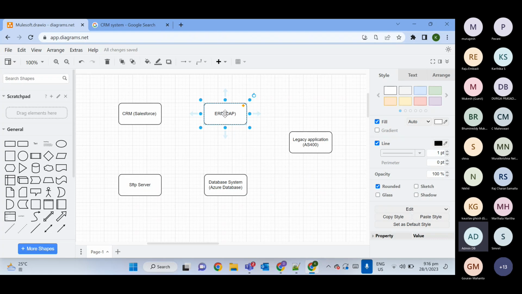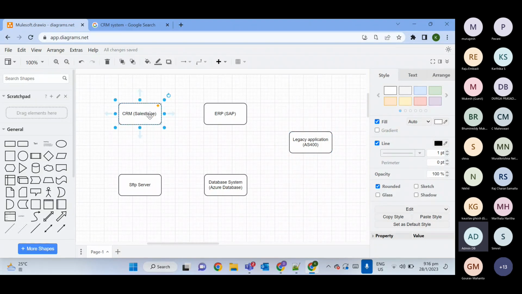But to run this organization smoothly, many times they need to exchange data from one system to another system. As I mentioned, this contains customer related data and this contains order related data. But sometimes this order related data needs some customer related data also.